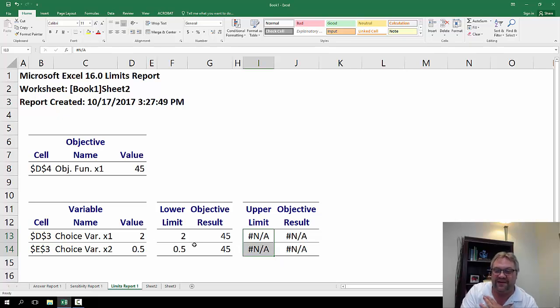And what this is telling me is that the lower limit for my production, this is actually the least production I can have, right? Produce 2 units, the smallest amount of production I can have to minimize my cost, right? So I'm going to produce 2 units of good 1 and a half a unit of good 2, right? And of course, if I want to minimize my cost, I don't want to be producing thousands of units of both, right? Hence the NA.